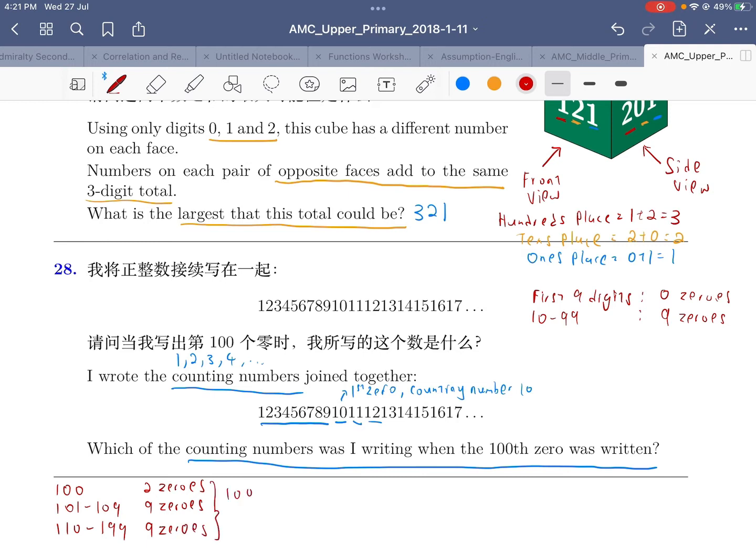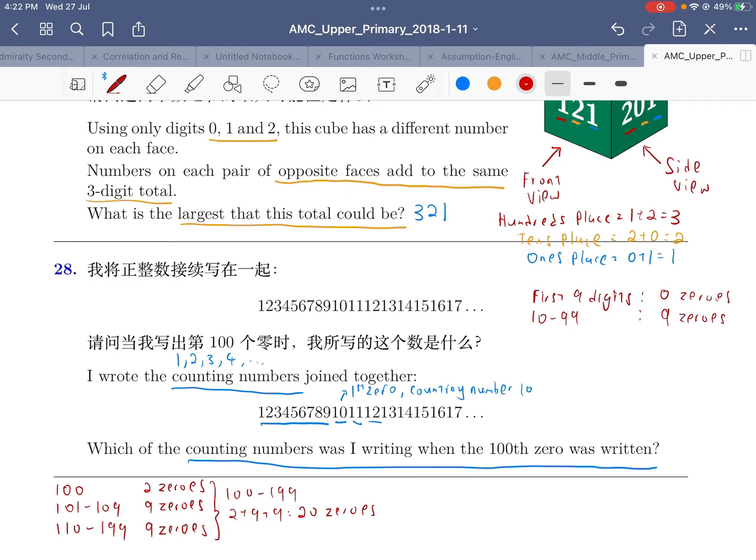From 100 all the way to 199, we have 2 plus 9 plus 9, which is equal to 20 zeros. So there are 20 zeros in 100 to 199. This also implies that there are 20 zeros from 200 to 299, 20 zeros from 300 to 399, and so on and so forth.